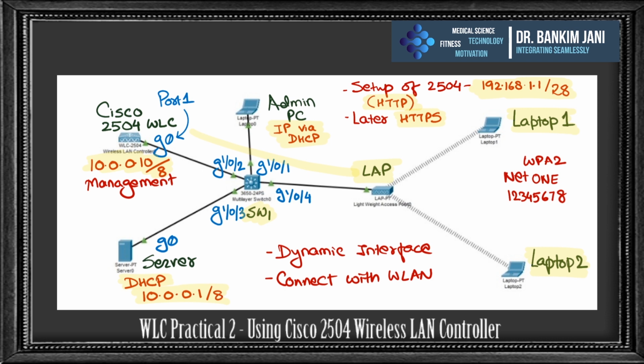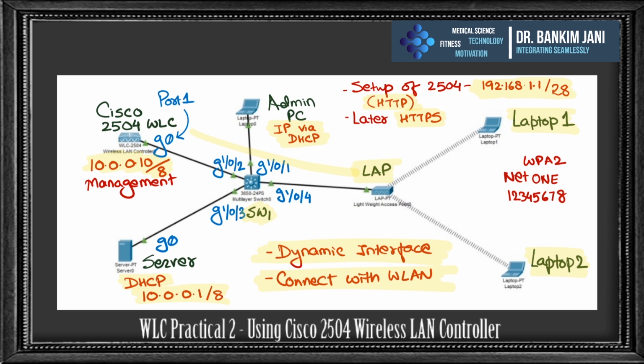The most important thing is the configuration of Cisco 2504. We'll be watching it in two steps. First, there'll be configuration of dynamic interface. It is the dynamic interface which will be linking all the information with it, and then we'll connect this dynamic interface, in this case, with our wireless LAN, right?